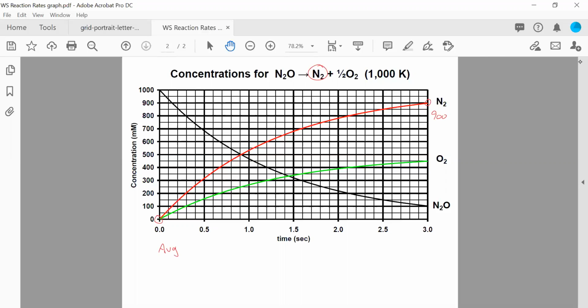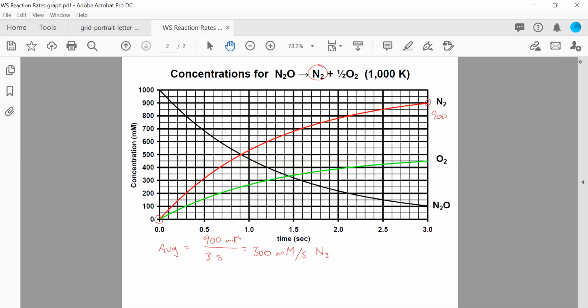That's an average rate of an increase in 900 millimolar over 3 seconds, or 300 millimolar per second of N2.